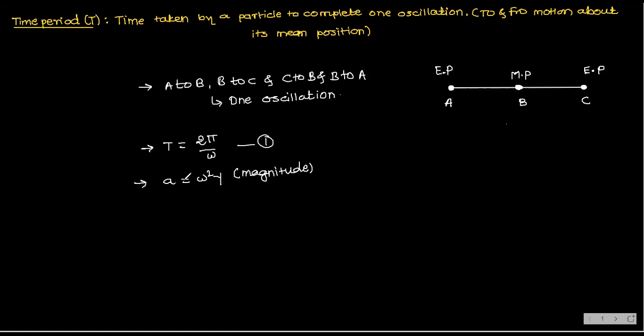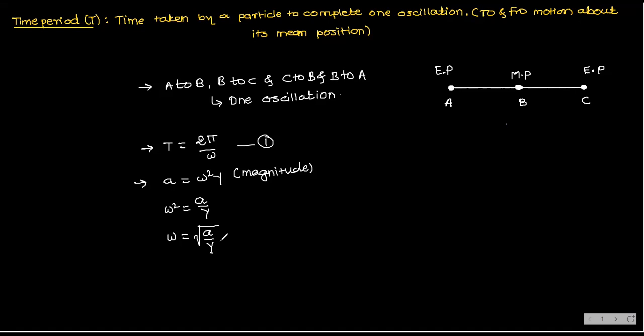Now from this, can I write omega square is equal to A by y? Yes. Omega square is equal to A by y. And therefore, omega is equal to under root of A by y. Right? Any doubt? Omega is equal to what?